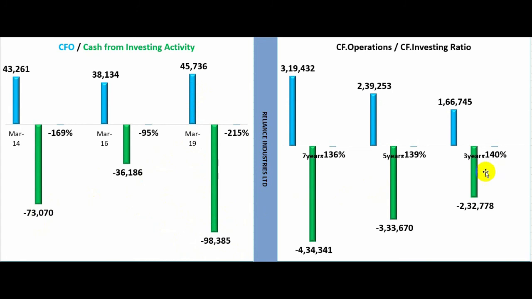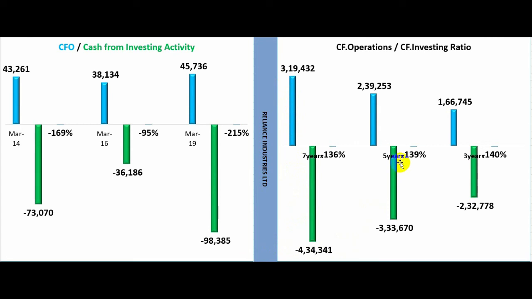When we look at the averages of these 7 years, 5 years and 3 years, we see that in the last 7 years the total cash earned was 3,19,000 crores. Against that, the company invested 4,34,000 crores into its business of buying assets. It's a very high value.